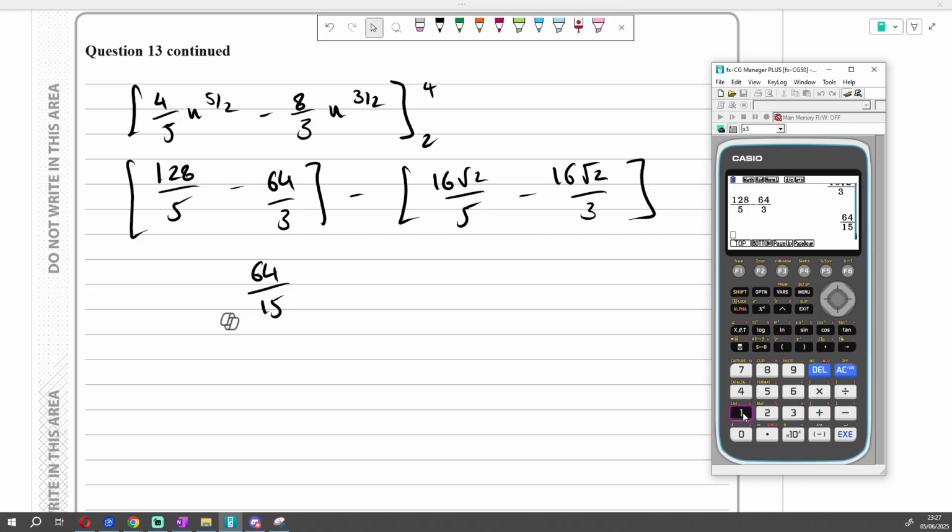And then the next part, 16 root 2, just within those brackets. I'm going to do it like this: 1 over 5 minus 1 over 3. This might be a bit easier to type. Minus 32 root 2, that would be. And then this one will be 16 root 2 over 5 minus 16 root 2 over 3.